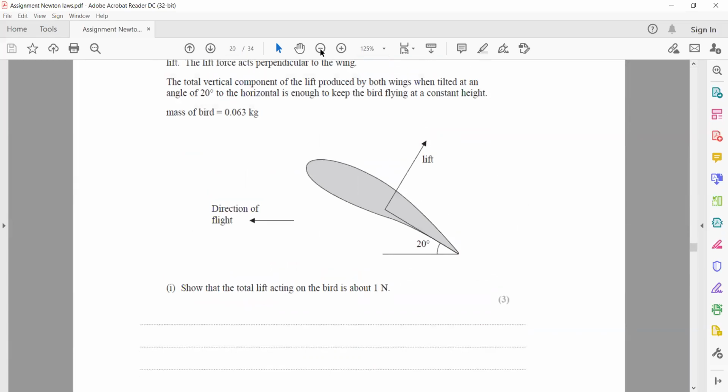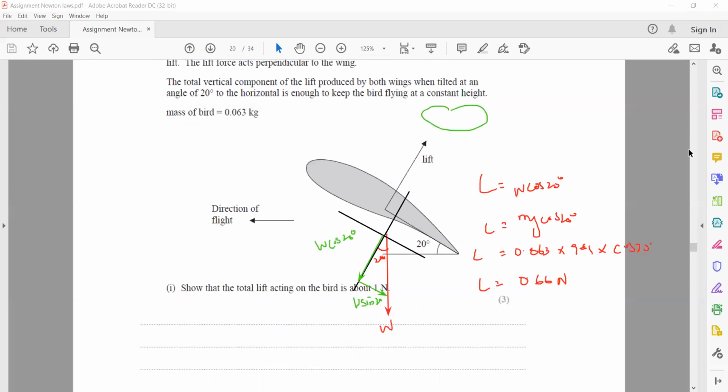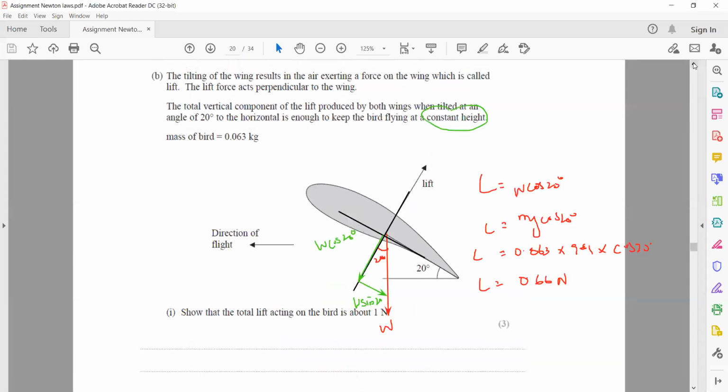So here the weight, which is acting downward, has two components, one of which matches with the lift. So we have this formula.